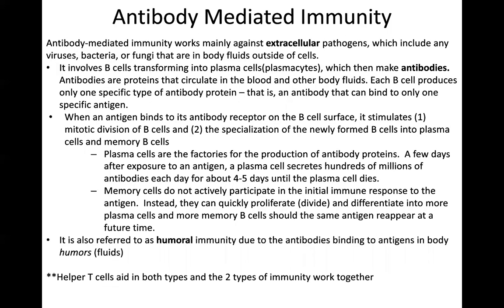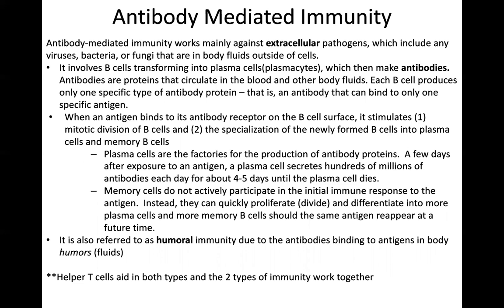When it comes to antibody-mediated immunity, it's mainly used against extracellular pathogens. So we said cell-mediated was for intracellular pathogens. In the case of antibody-mediated, it's extracellular pathogens, which means pathogens on the outside of cells, like viruses, bacteria, and fungi that are in our body fluids but not inside the cells themselves.